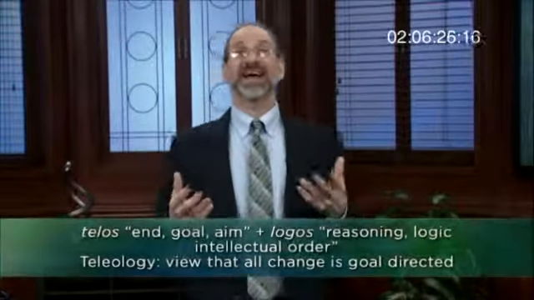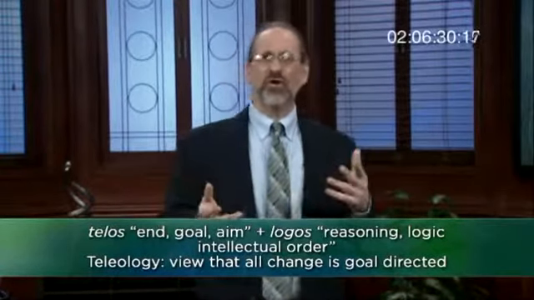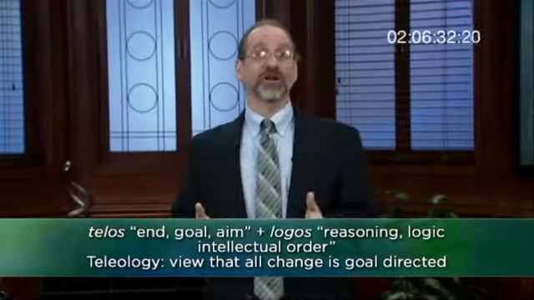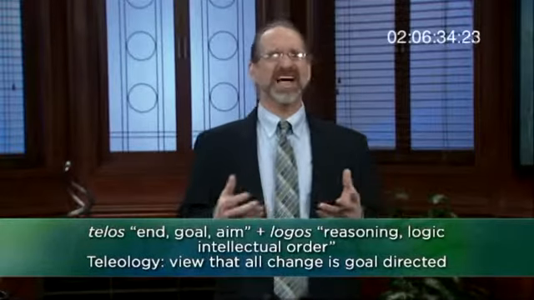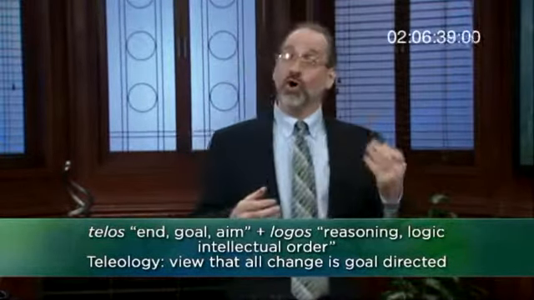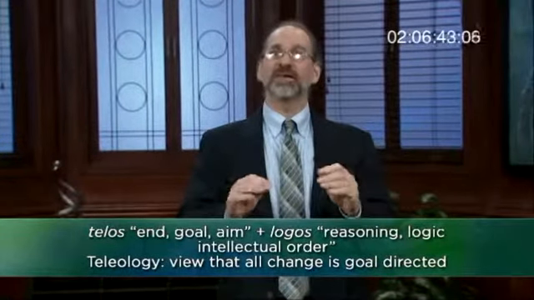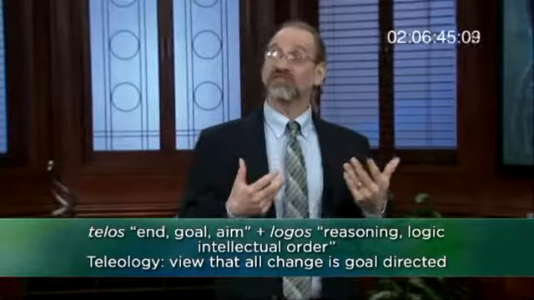Now, the word teleology comes from the Greek words telos, which means an end, a goal, or an aim, and logos, which means reasoning, logic, or intellectual order. Teleology is the view that all change is goal-directed, that everything happens because of an end that's trying to be achieved.